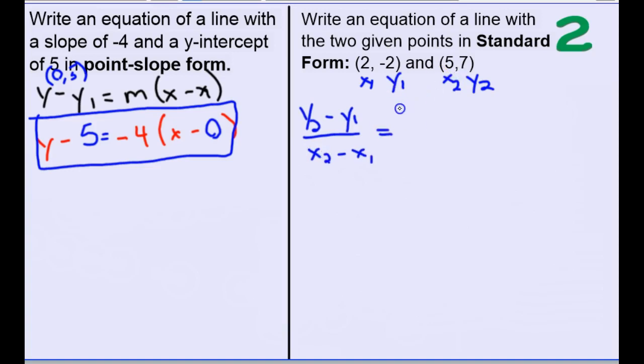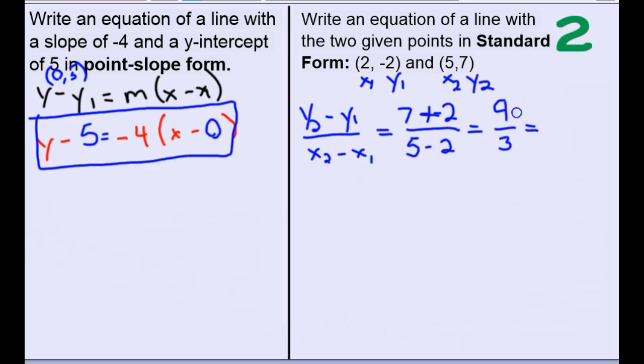So our y2 then is 7 minus our y1, which is negative 2. Two negatives in a row make a positive. Our x2 is 5 minus our x1, which is 2. So what we get then is 7 plus 2, which is 9, over 5 minus 2, which is 3.